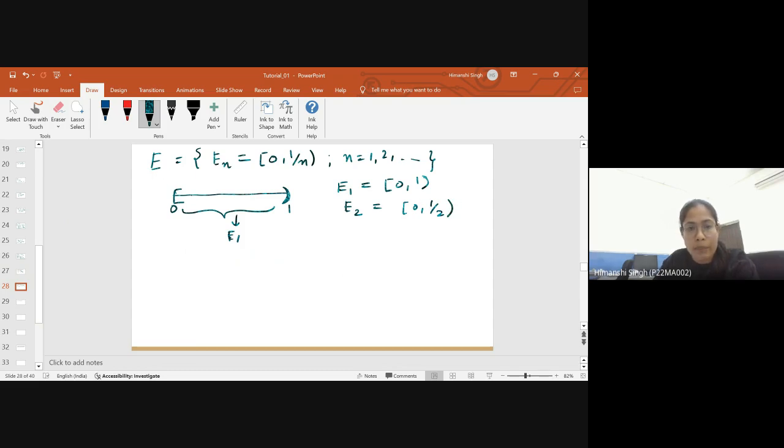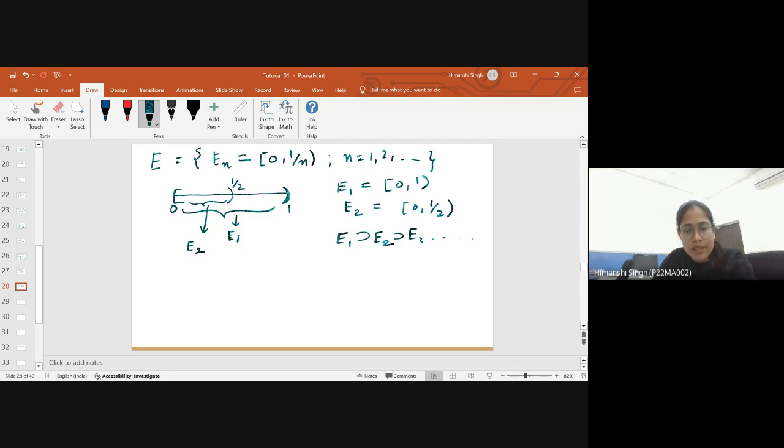We have 0 again, but we have up to 1 by 2 only. So this is our E2. You may notice that E1 contains E2, and if we move further, this again will contain E3 and all those elements. So it is a simple observation that E1 contains E2, E2 contains E3, E3 contains E4, and the chain goes on like that.